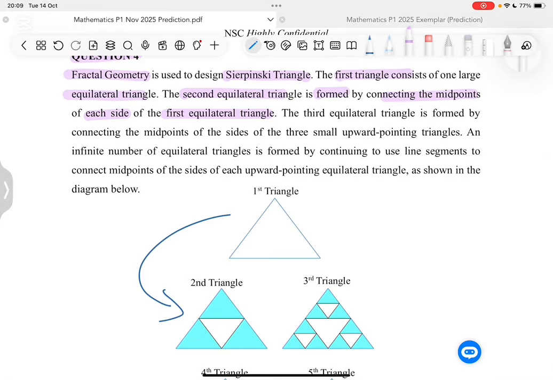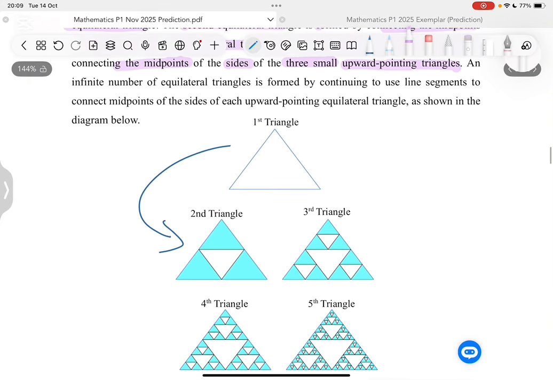They then say that the third equilateral triangle is formed by connecting the midpoints again of the sides of the three small upward facing triangles. Now, if we focus on the upward facing triangles, do you see these upward facing triangles?